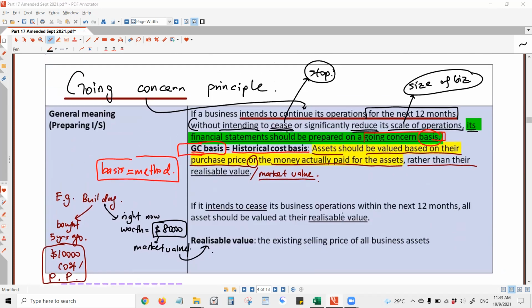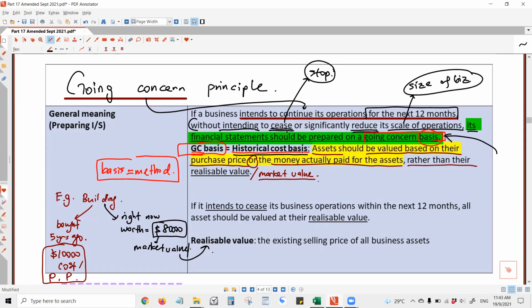The going concern principle firstly tells you that if you wish to continue to run your business, you don't intend to close down your business, then you should prepare your financial statements using going concern basis. I told you that basis means method. So what is meant by going concern basis? Firstly, know the synonym: the synonym of going concern basis is historical cost basis.